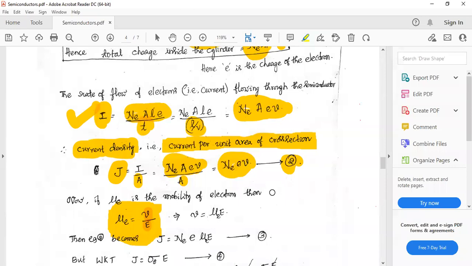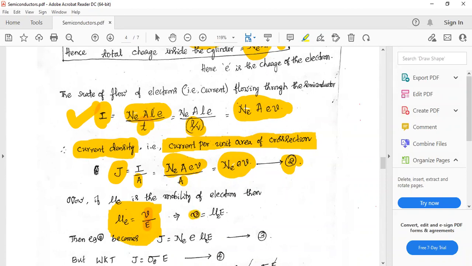For now, let us stick with the basic definition of mobility, that is, mobility is nothing but drift velocity per unit electric field. If the electric field required is higher, then the mobility of the charge carrier is very low. If a lower electric field is enough for the charge carrier, then its mobility is very good.